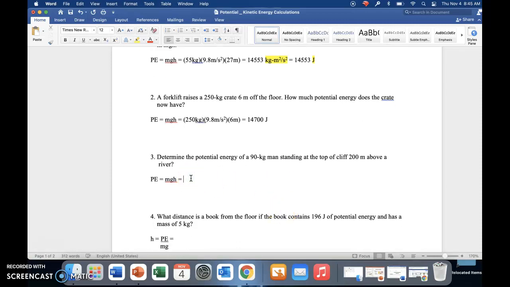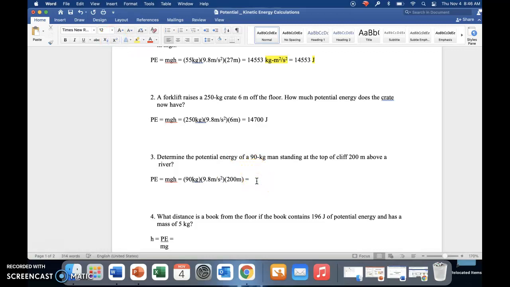Again, determine potential energy. Again, we just take our mass. We have a 90 kilogram man. Again, the acceleration due to gravity is our 9.8 meters per second squared. And this time he is at 200 meters. Okay, as we go through here, we do our math.